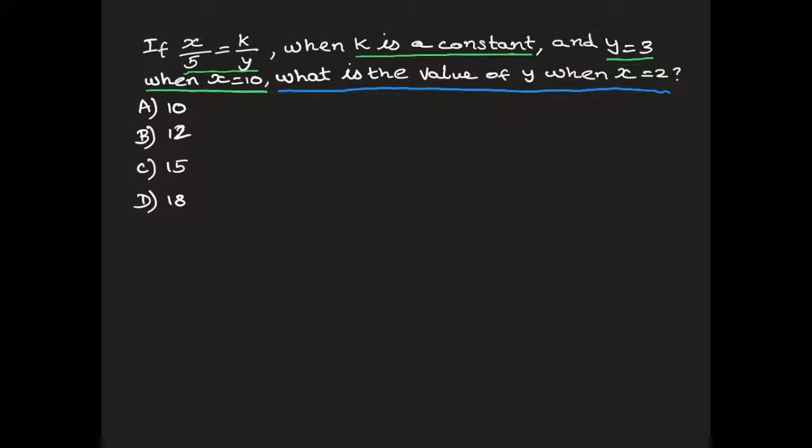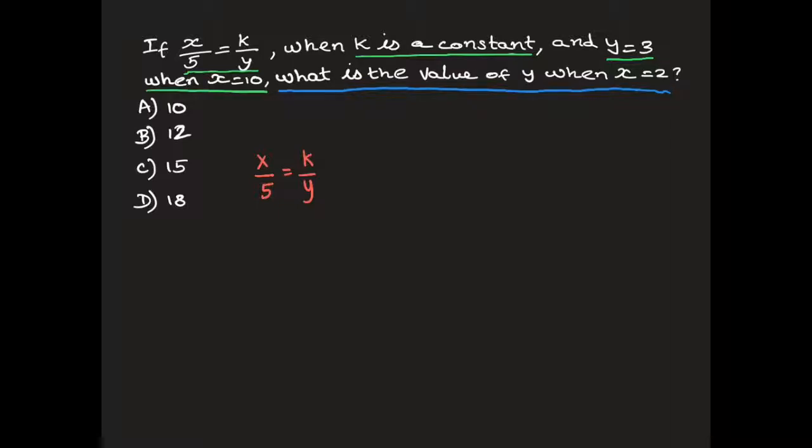Now to solve this problem, let's first write out our proportion. We've got x over 5 is equal to k over y. That's our proportion. What we can do first is take the two values that were given: y equals 3 when x equals 10.